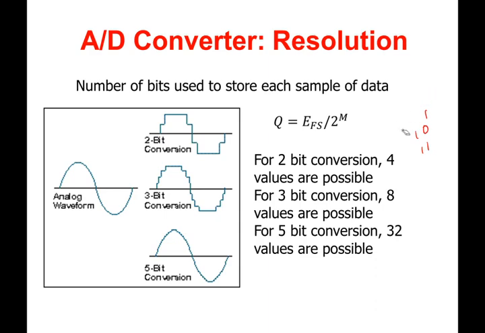That's the only thing you're going to get. So you can have just 4 samples each cycle, right? For 3-bit conversion, 8 values are possible. For 5-bit conversion, 32 values are possible, but in general, it's a rule of thumb. For each n-bit conversion, 2 to the power n values are going to be possible. We are dealing with binary.